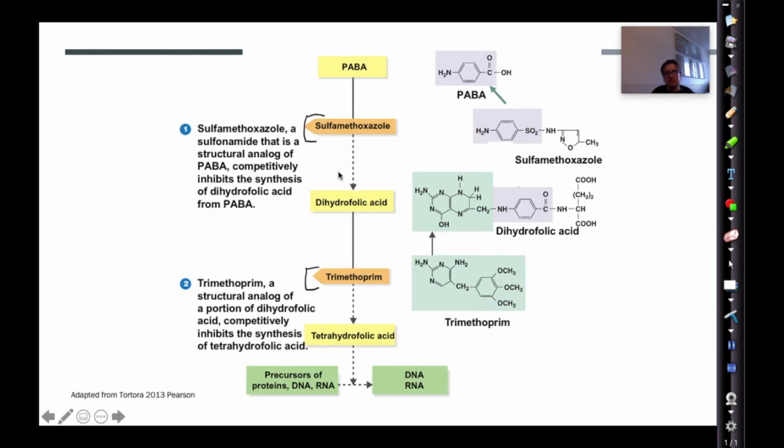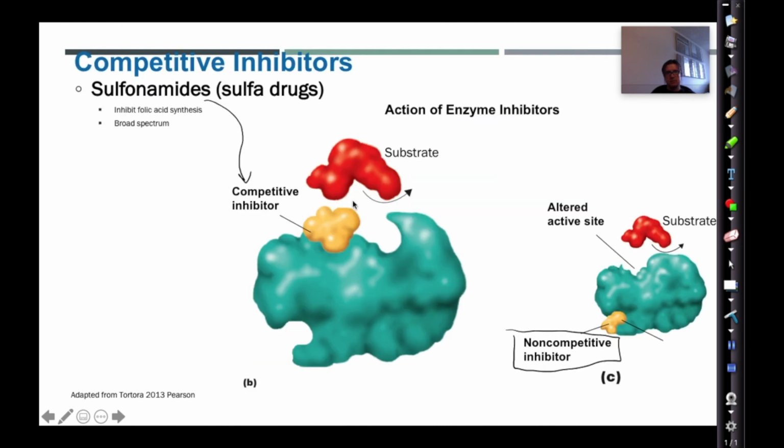And this just goes through it again and shows you the PABA, first enzyme, trimethoprim, second enzyme. And this shows you what a competitive inhibitor does, like for the sulfonamides, so they bind directly to the active site. That way the substrate can no longer be bound to it.